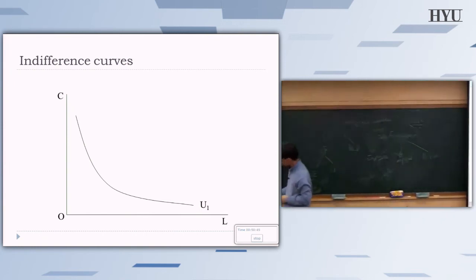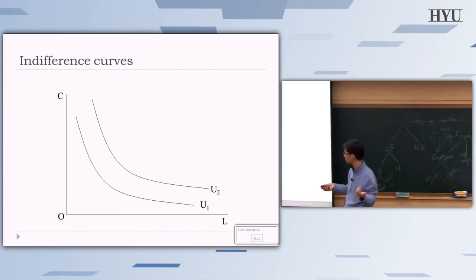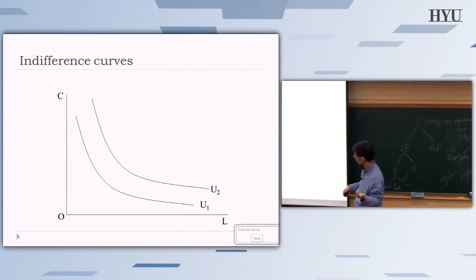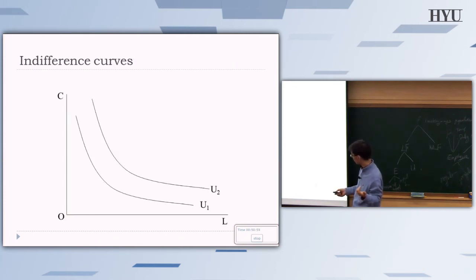So we have an indifference curve, just a standard looking indifference curve. Nothing strange. U1 and U2, which one is higher utility? U2, right? Farther away from the origin, higher utility.